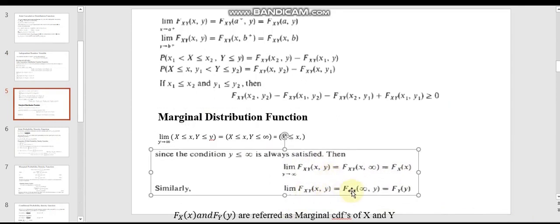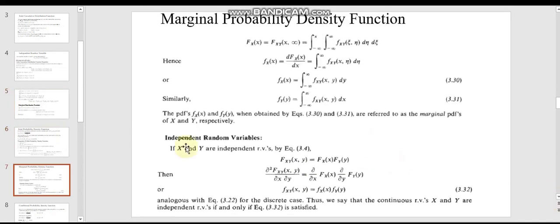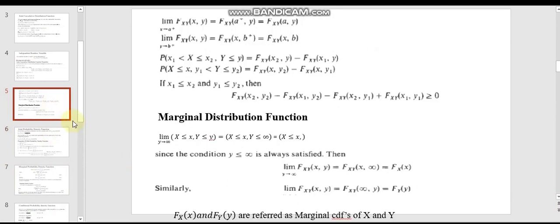Similarly, if x approaches infinity, then the joint CDF would be equal to the CDF of y. F sub X of x and F sub Y of y are referred to as the marginal CDFs of random variables x and y.